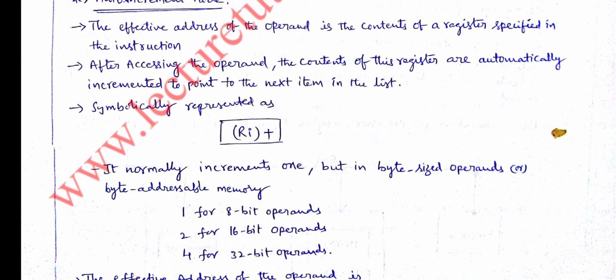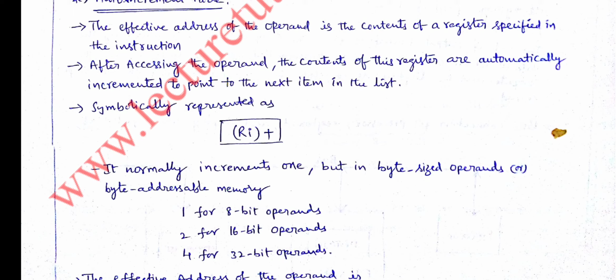Auto increment means A plus plus, the value of A is incremented by 1. B plus plus, the value of B is incremented by 1. After accessing the operand, the contents of the register are automatically incremented to point to the next item in the list.